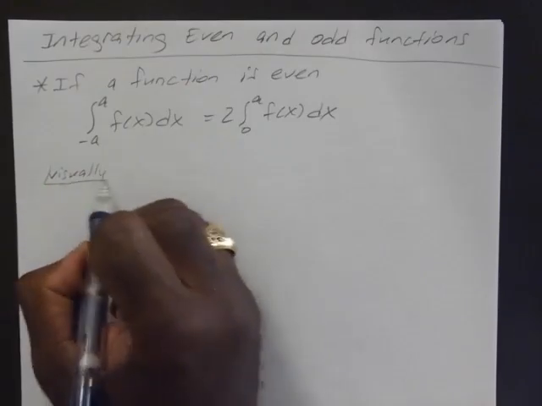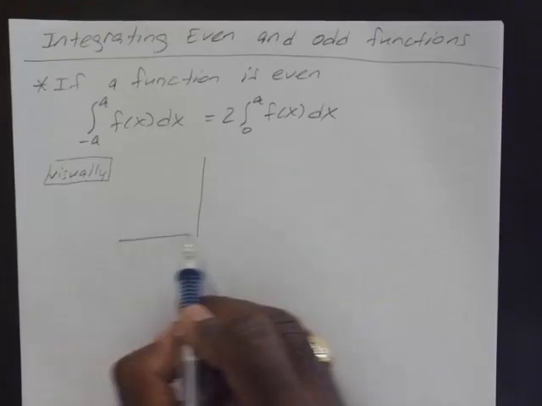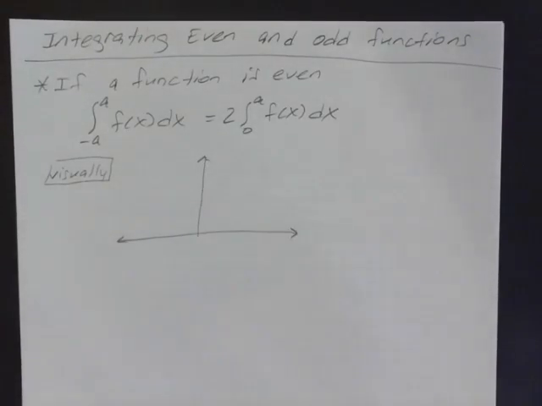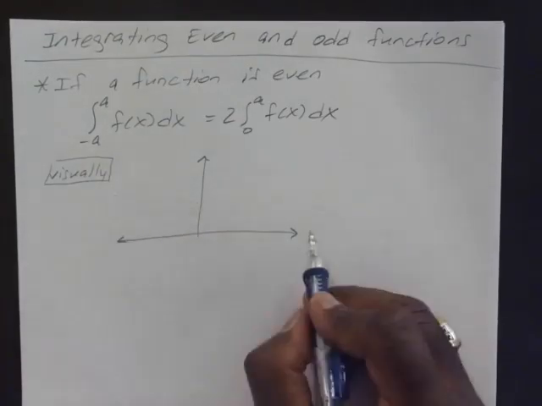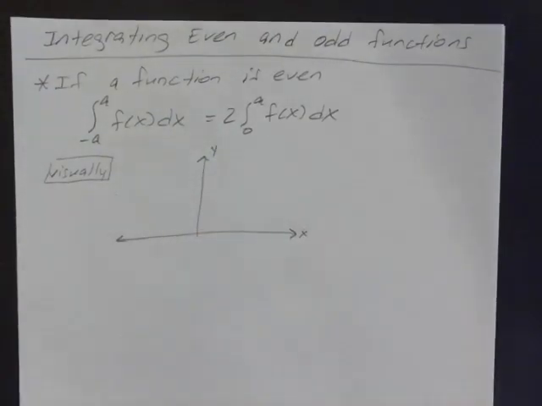So visually, all that means is that if we have an xy axis and we have an even function, which means on either side of your y-axis, it looks like a mirror image.